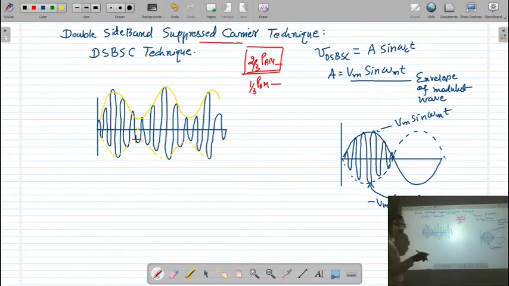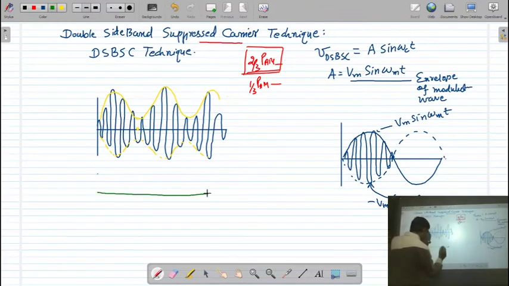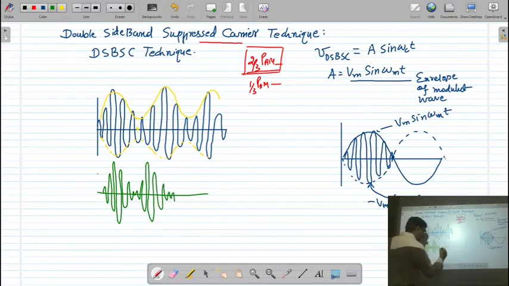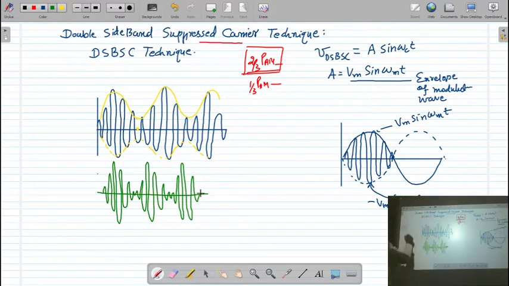No doubt, if we have a 100% modulation, remember, then our waveform is like this. In this case, if you see the positive envelope, it is going to be touching the zero.